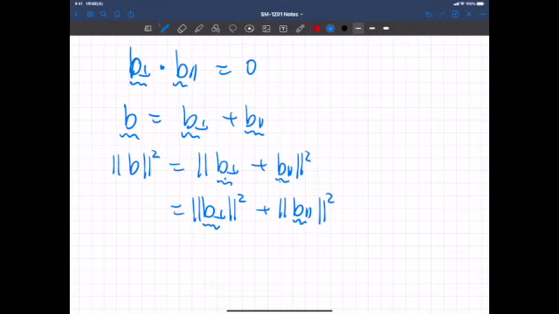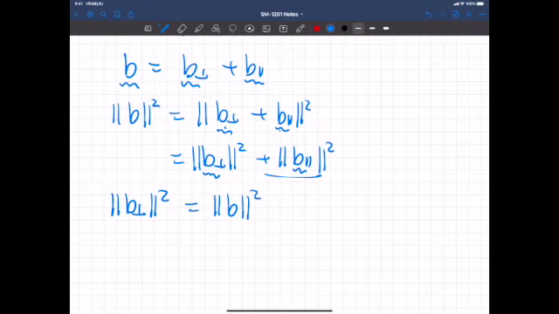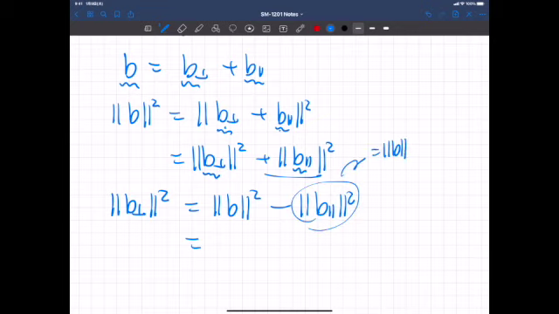From this, we can move this to the other side. Then we have B perpendicular squared equal to B squared minus B parallel squared. But as we have seen, B parallel squared is equal to B modulus times cosine, squared.